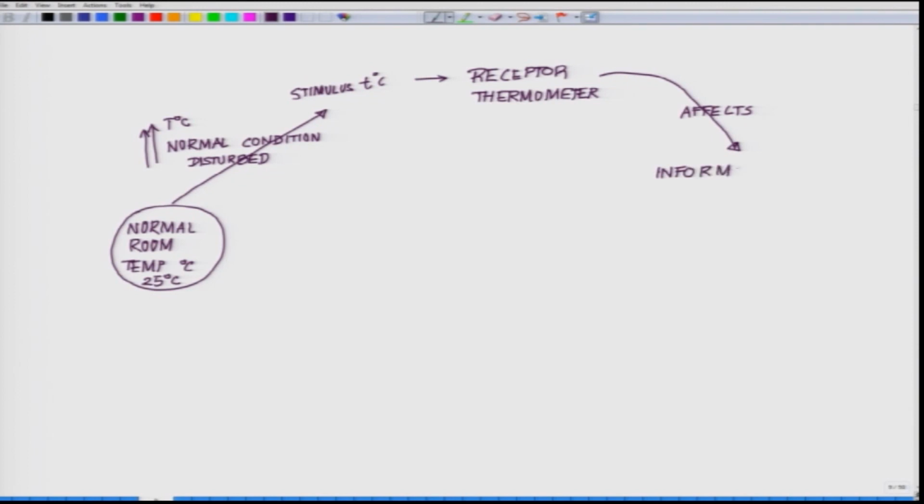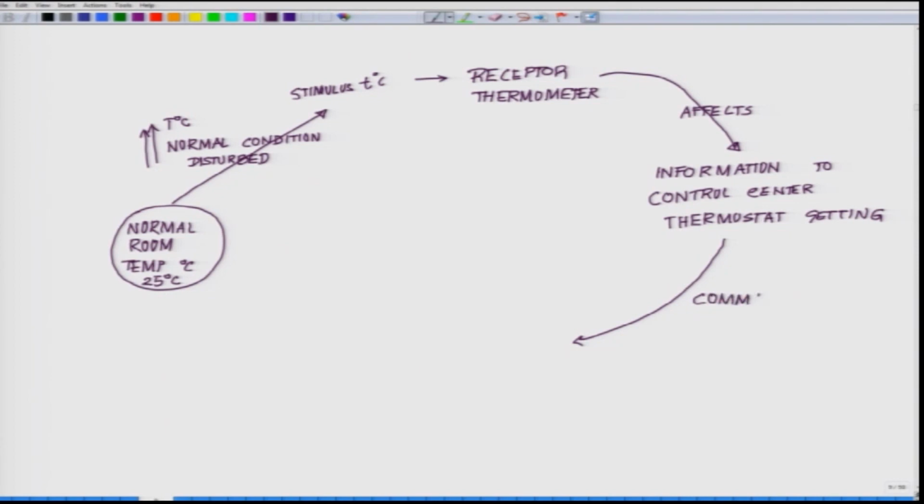Information to control center, which is also the thermostat setting. Okay. Once the thermostat setting knows it, it sends a command signal.